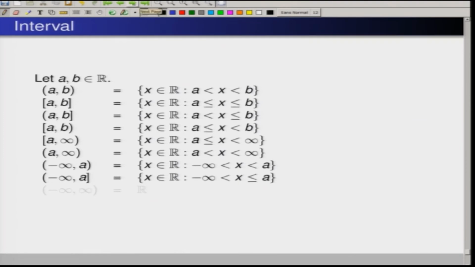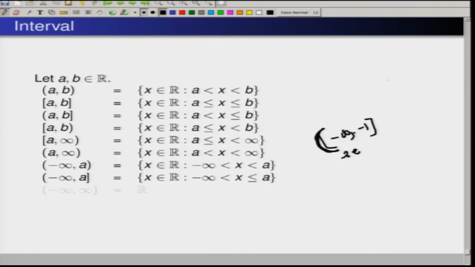And minus infinity open, A closed, where A is a real number, is the set of all x which is greater than minus infinity and less than or equal to A. A is included. For example, minus infinity and minus 1. This side has to be open because minus infinity is not a real number. You can see that minus 2 belongs to this set.